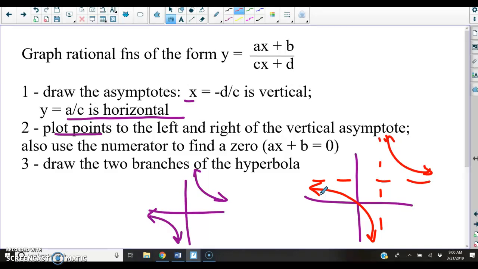Maybe the quadrants have been shifted so that they reflect across the point where your vertical and horizontal asymptotes cross rather than across the origin. So we need to be careful of how we say that. But they are in opposite quarters, maybe would be a better word than quadrants.